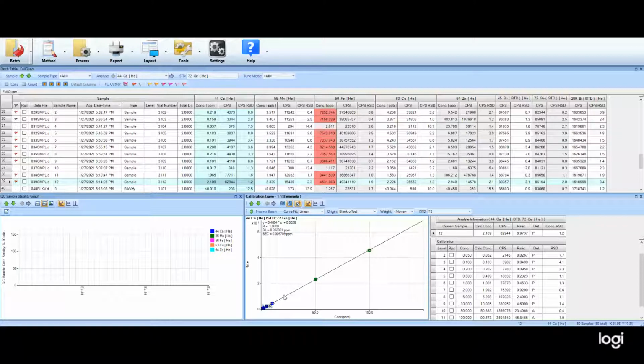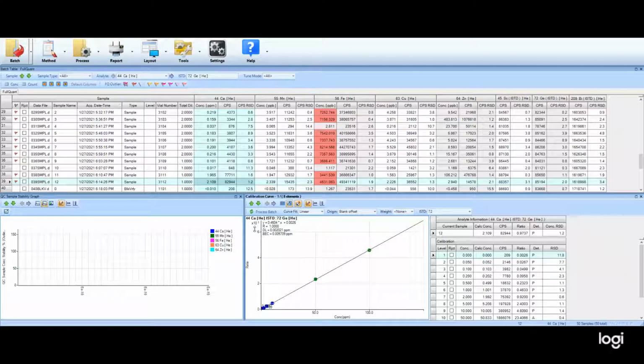This is just the value of how well our curve is. 1.0 is the best it can be. 1.0 is what we always strive for, and most often with most calibration curves is what we get. With most of these easy elements, about 0.9998 to 1.0 is usually what we get.